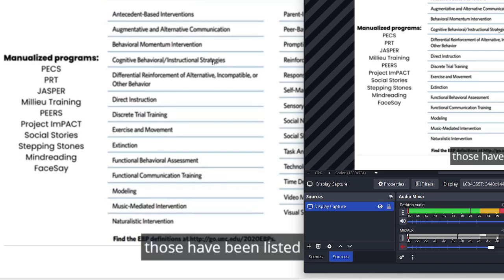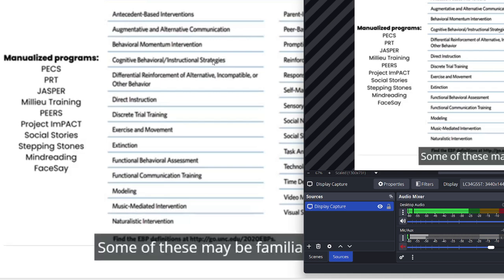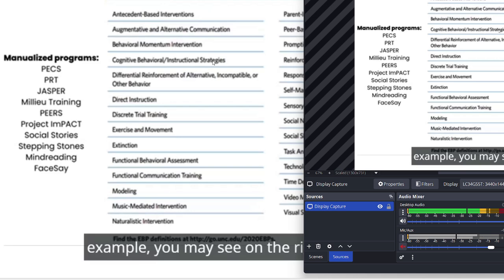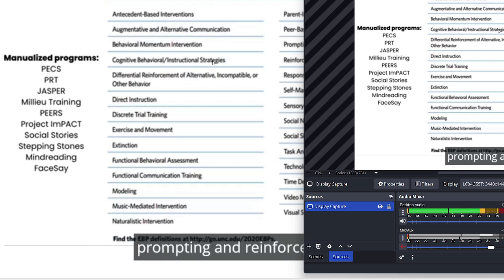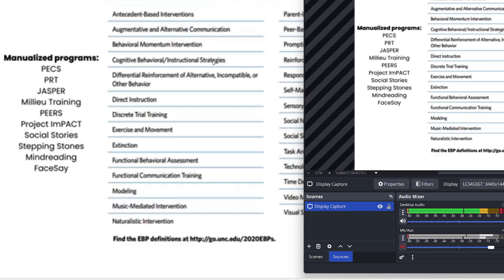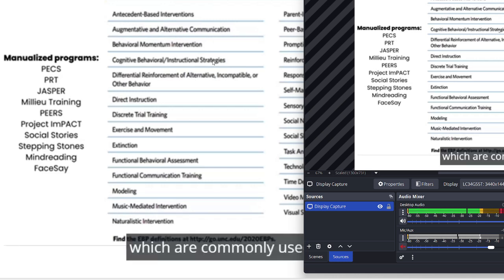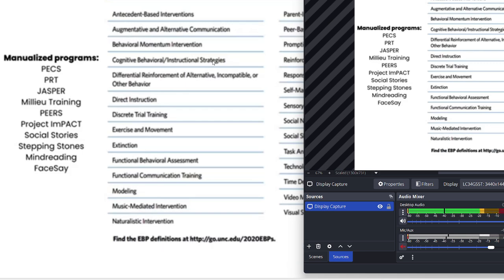And those have been listed here. Some of these may be familiar to you. For example, you may see on the right-hand side prompting and reinforcement, which are commonly used in the developmental services sector.